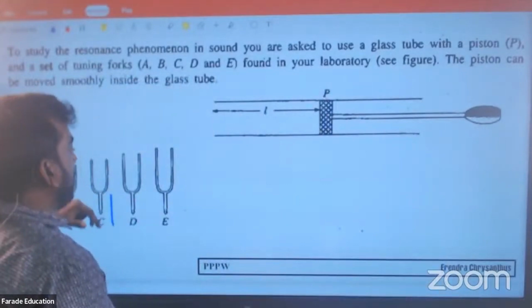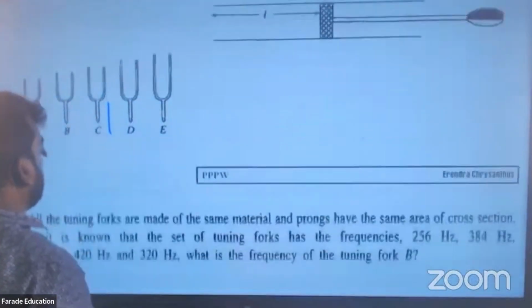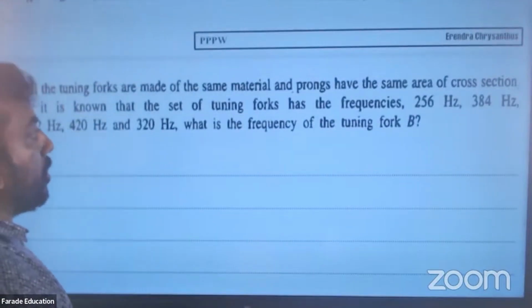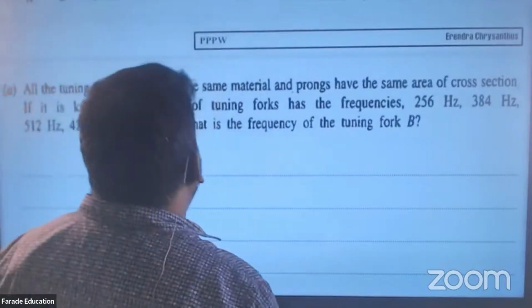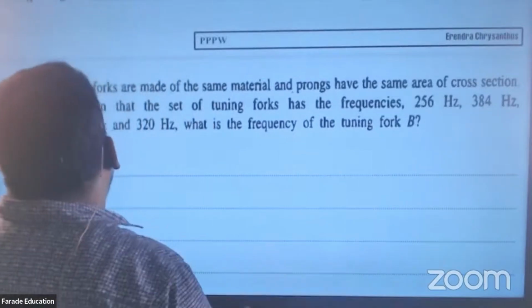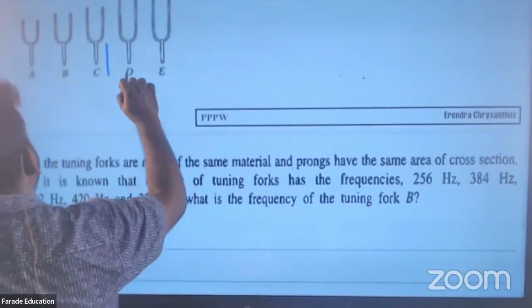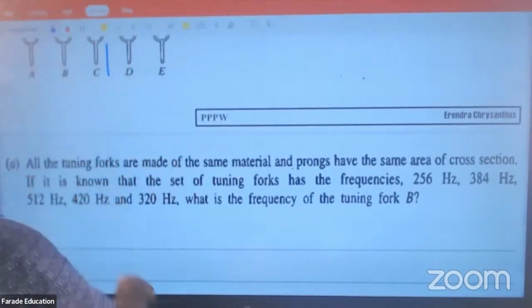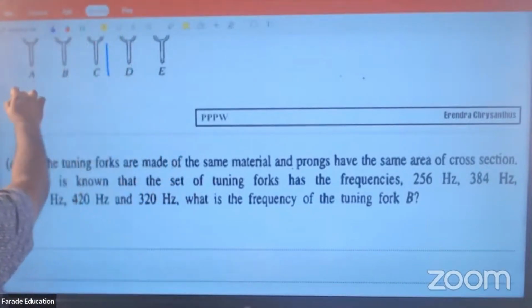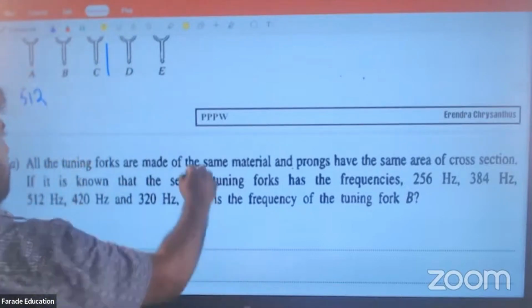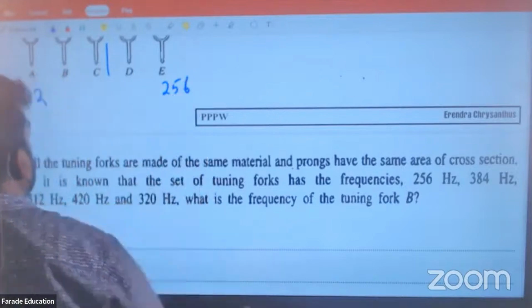Anyway, have a look. All the tuning forks are made from the same material. Prongs have the same cross-sectional area. The frequencies are 256, 384, 512. So what's your basic rule? Shorter means high frequency, this is 512. Longer means low frequency, 256.